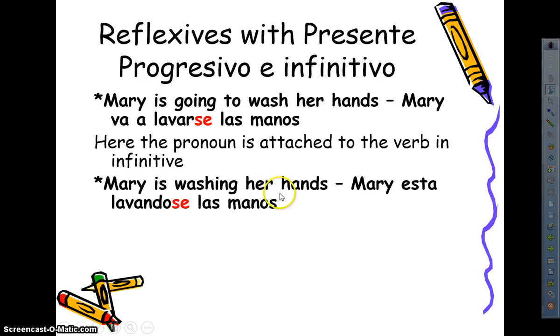Mary is washing her hands. Now there you have the present progressive. Mary está lavándose las manos. You attach it to the ing form.